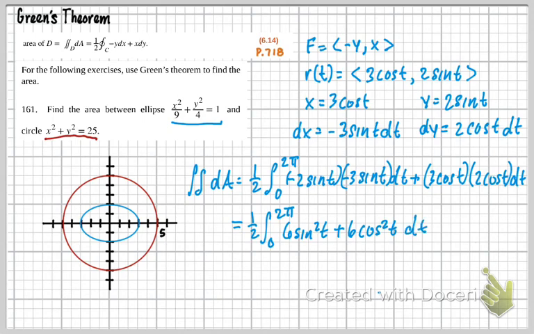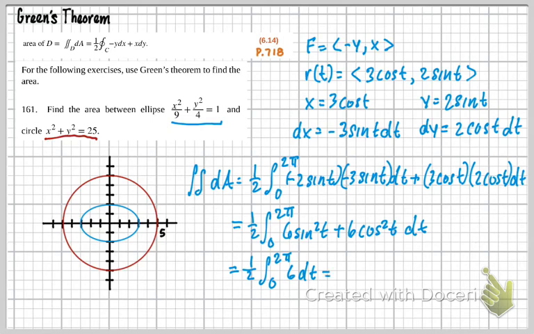So if you hadn't noticed here, if I pull a 6 out here, I'm going to get sine squared t plus cosine squared t. And I know that this here equals 1, so it's really going to be a 6 times 1, which is 6. So we get that 1/2 the integral from 0 to 2 pi of 6 dt.